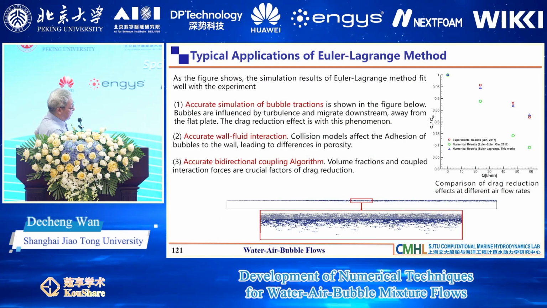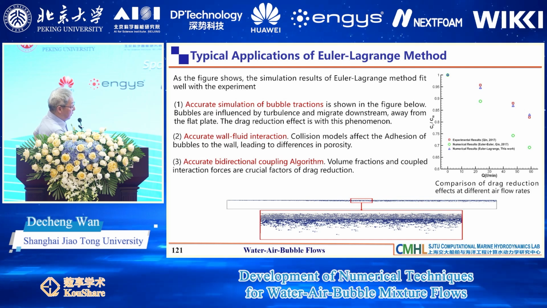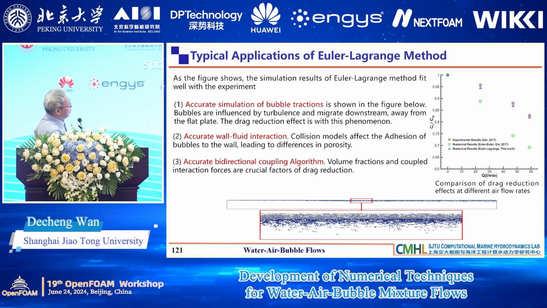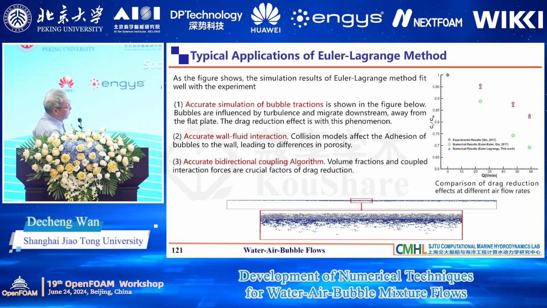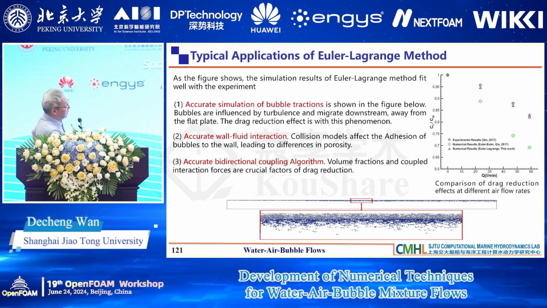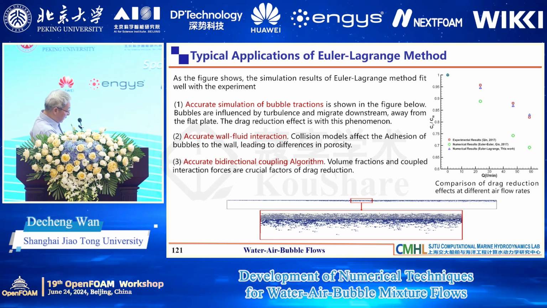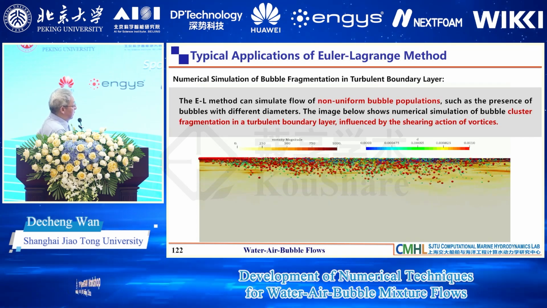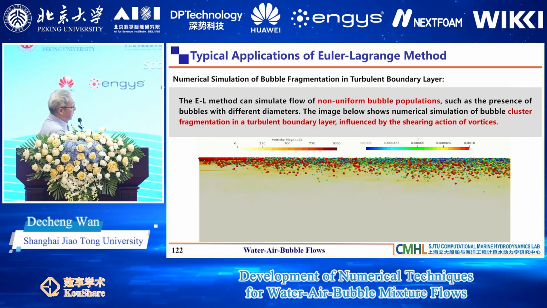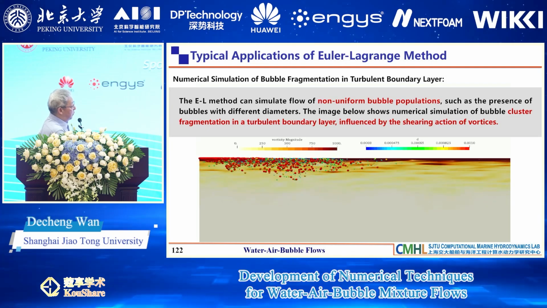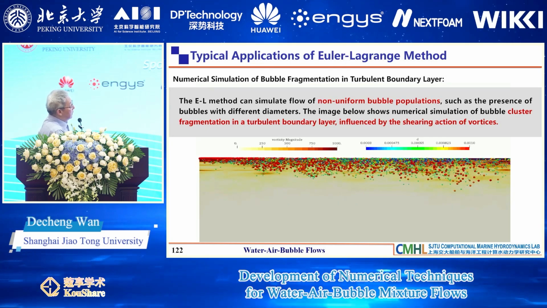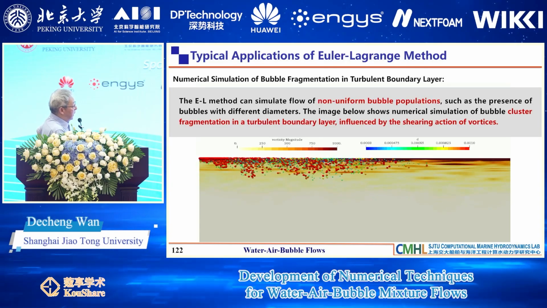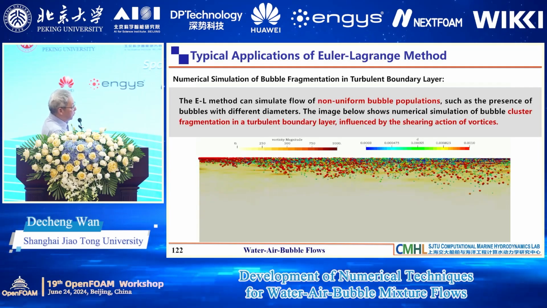You can see the mixture, the bubble and the water mixed together. You can get a good result with Euler-Lagrange. This is the bubble flow in the boundary layer, and you can see the effect of the bubble flow on the water flow.